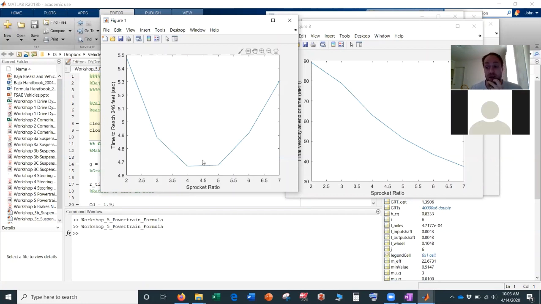It's not taking into account the time it takes to shift, and it's not modeling super precisely the actual engagement of the clutch and stuff like that. So it's not perfect, but this at least gets you in the ballpark. And these times seem to be, as far as I can tell, in the ballpark for what we might be able to do with our car.